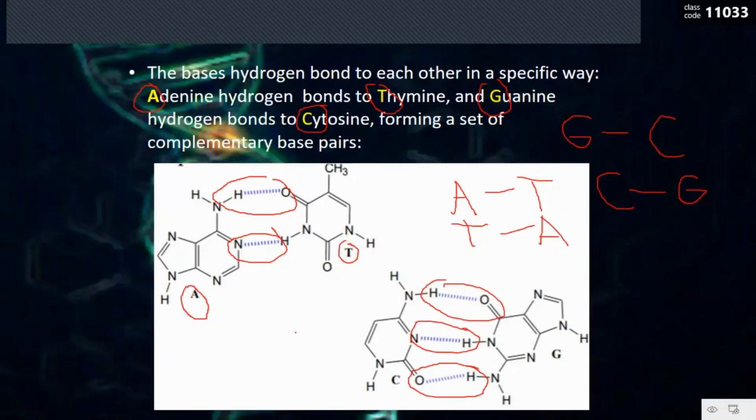Again, adenine and thymine form two hydrogen bonds, and cytosine and guanine form three hydrogen bonds. Kaya ganoon yung pagka-partner nila. Hindi pwede na si adenine ay ko-connect with cytosine at si guanine hindi pwedeng ko-connect with thymine, because of that specific hydrogen bonding na nakikreate nila with one another.